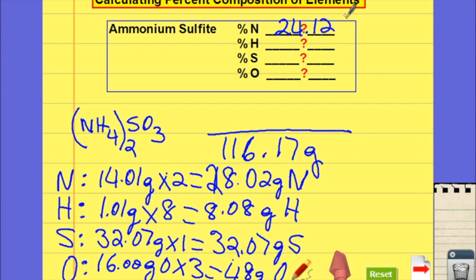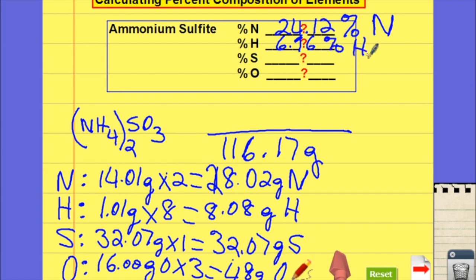24.12%. Make sure you write percent. Percent of what? Percent nitrogen. Okay, so what is 8.08 divided by 116.17 times 100? 6.96%, hydrogen.